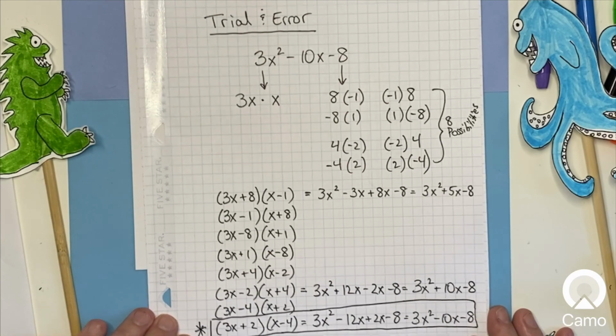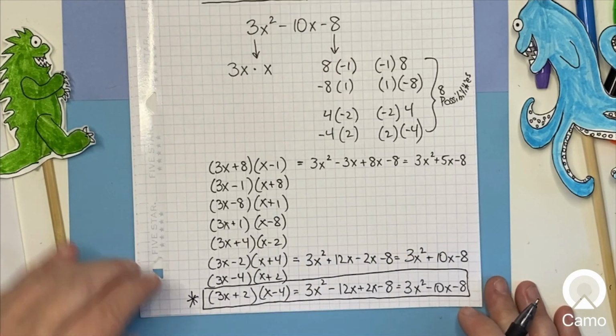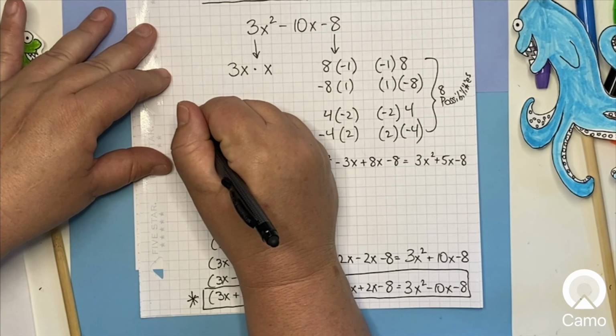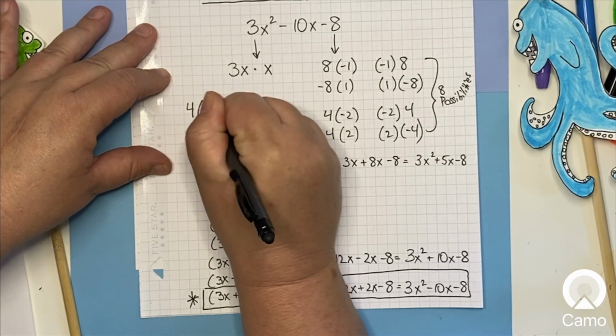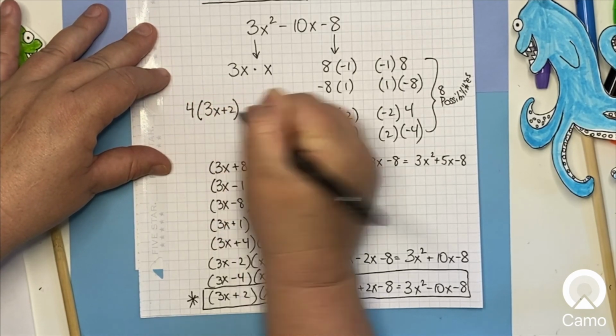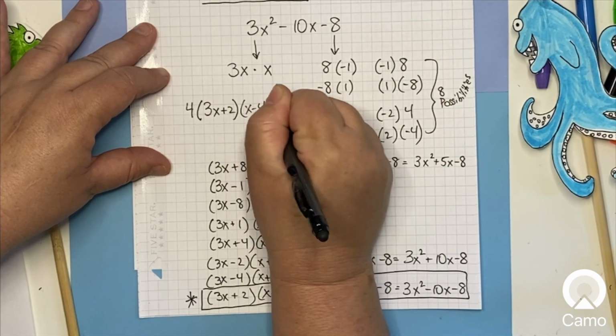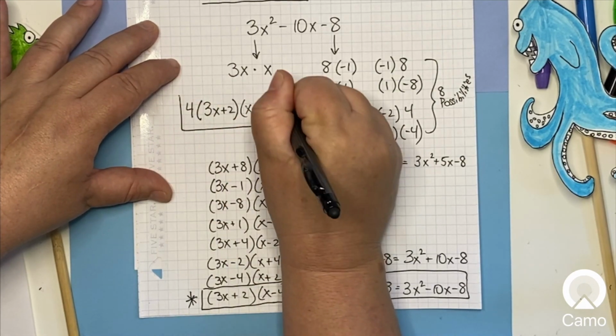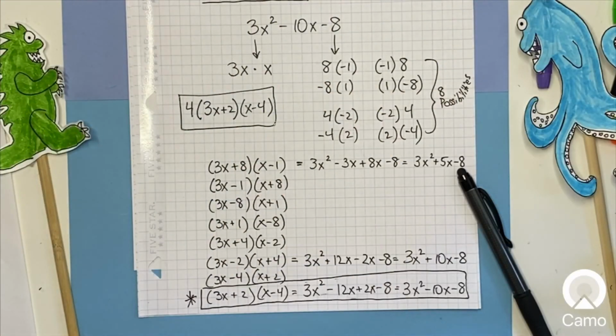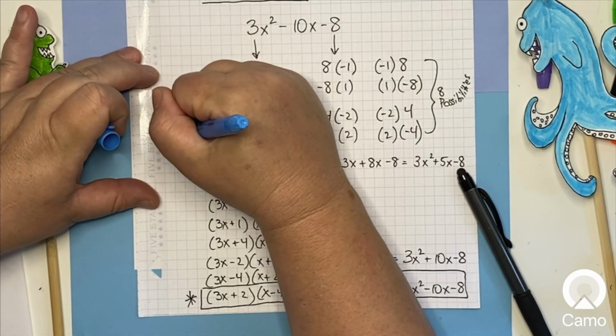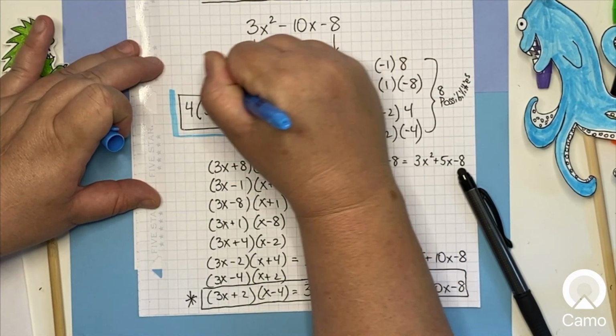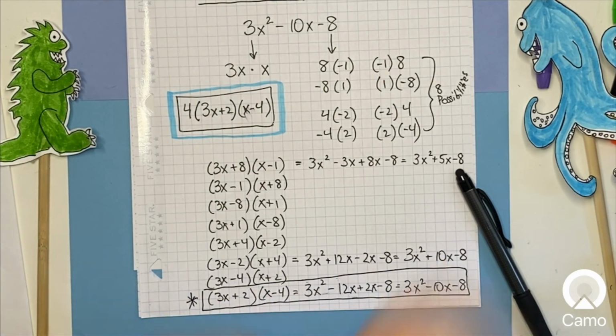I am going to do a big box right here where I'm going to write the 4 times the 3x plus 2 times the x minus 4. And in fact, I feel like drawing some colors on this. Ooh. Oh, sorry, I took you to Smearyland. Sorry about that.